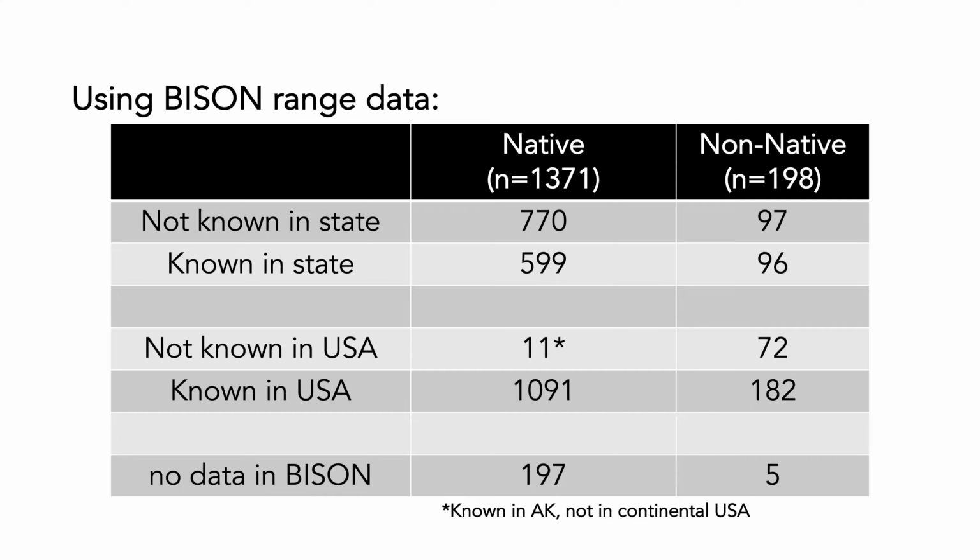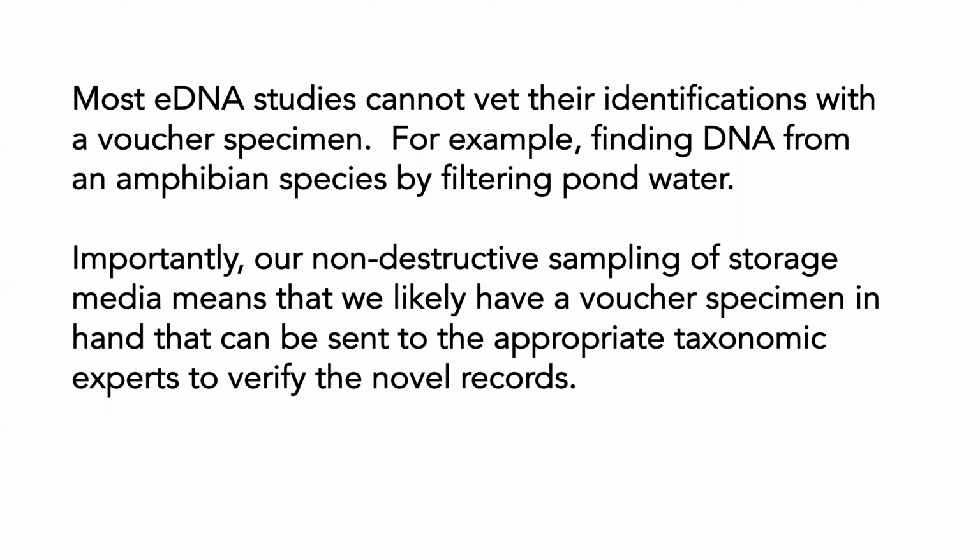And if we find out that they are not known, it's important that we are able to go back to the tubes and pull the vouchers. We still have the tubes here. Now we're using environmental DNA techniques where, for example, a herpetologist would go to a pond and filter the pond water to see if they can get DNA for the frogs that are in that pond.